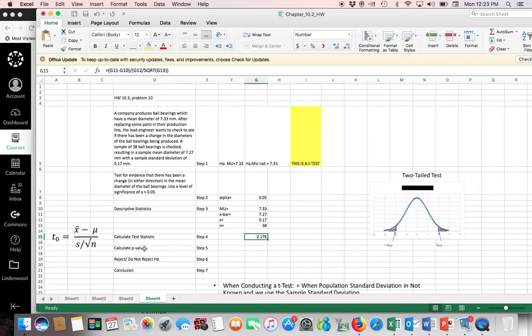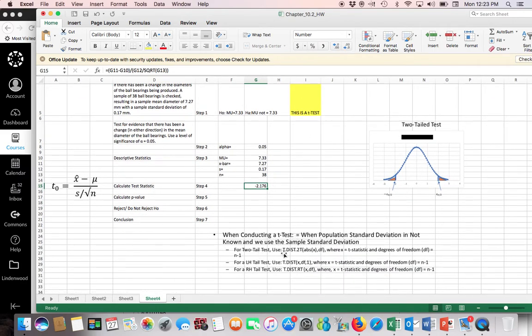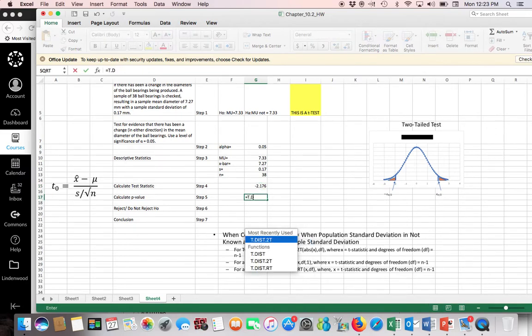Now we want to calculate the p-value associated with this test statistic. And so because this is the two-tailed test, we're going to use the following command right here. T.DIST.2T, absolute value of x, and degrees of freedom. For this command, note there is no cum. So we're going to hit T.DIST.2T.